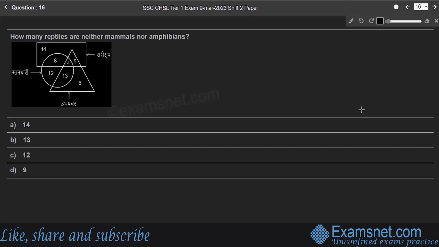Question 16. How many reptiles are neither mammals nor amphibians? So reptiles are this portion, right? Rectangular portion represents all reptiles, whereas the circular portion represents mammals, whereas triangular portion represents amphibians. Here the question is how many reptiles are neither mammals nor amphibians.